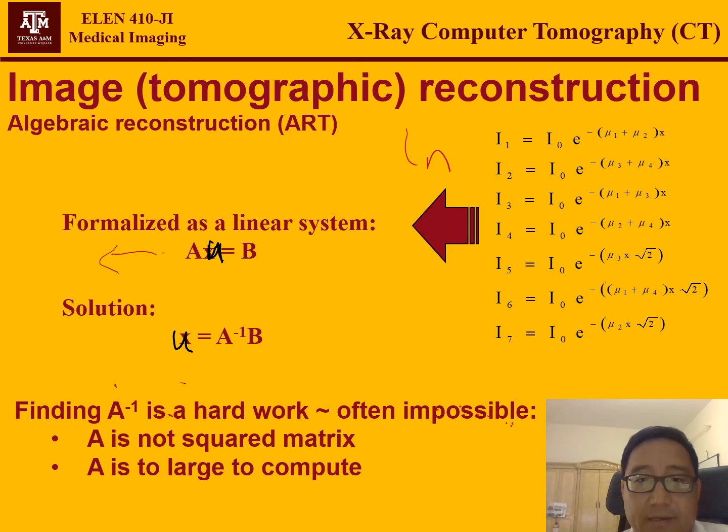Now this is very easy to do in this simple example. You only have 4 unknowns, but as you know, in a real X-ray image you can easily have 10,000, even 100,000 pixels if you have a high resolution X-ray. So you basically have 100,000 equations to solve, and taking an inverse is difficult.